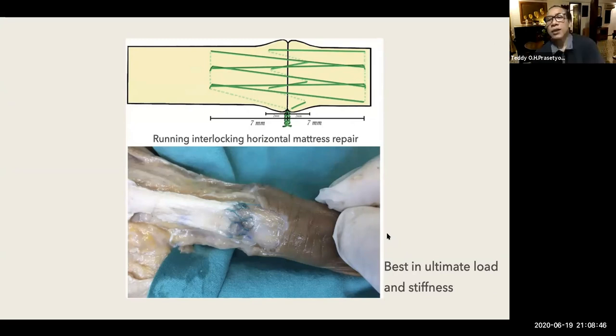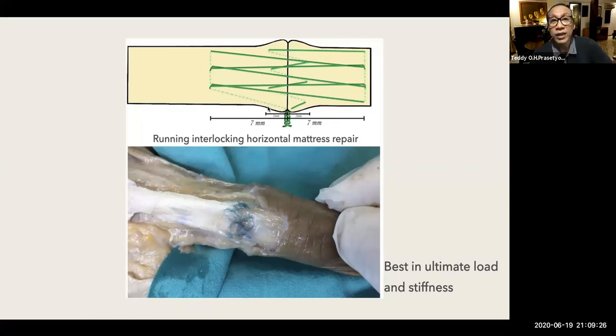Okay, and it ends up with the main issue. You may forget the other outcomes of the study, but this technique actually comes with the best results in terms of ultimate load and also stiffness. But once again, remember, this is only in a cadaveric study, not in living humans. But it is good for us to consider that this technique comes with multi-core suturing. You see that? 1, 2, 3, 4, 5, 6, right? 6 core sutures.